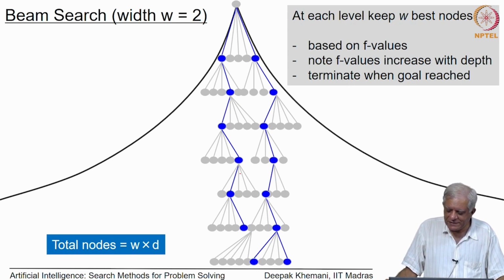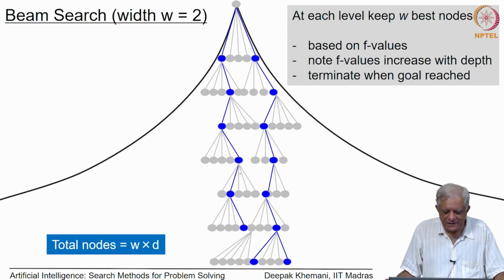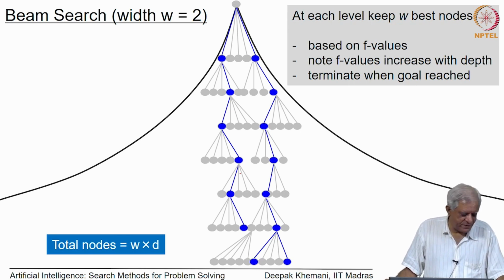But remember that f values keep increasing, and we will terminate not when we reach some kind of a 0 gradient, but when we have reached the goal state, and we have argued just now that we will eventually reach the goal state, because otherwise the g value keeps increasing too much.